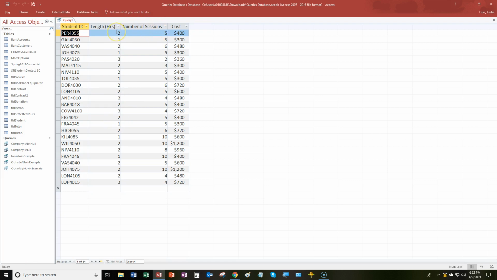So you can imply some information about that. And then you know that the total cost is $400. You can imply total cost there as well.